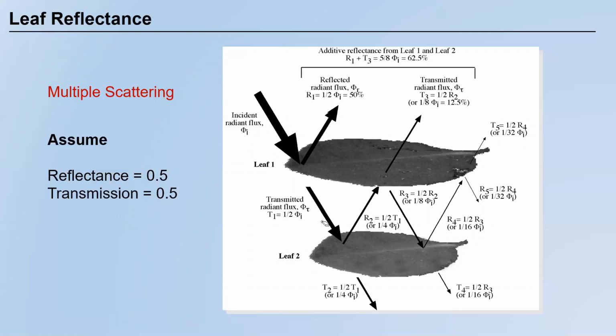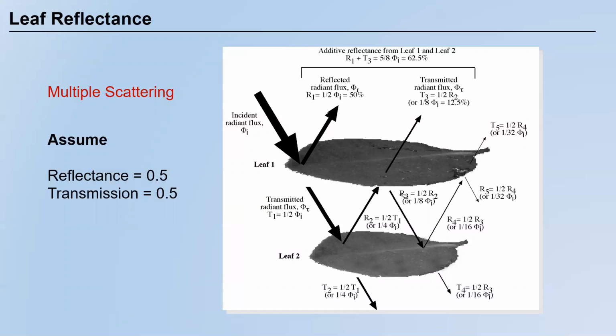And a similar process will happen again on the second leaf, which means that half of the original energy will be reflected by the second leaf, and half of that, again, will be what? Penetrating the second leaf.